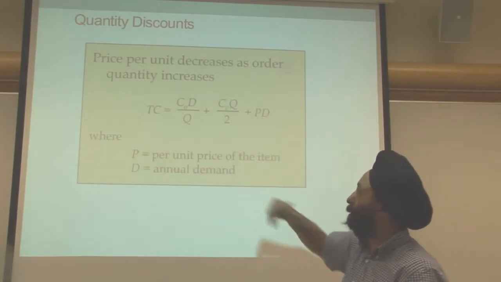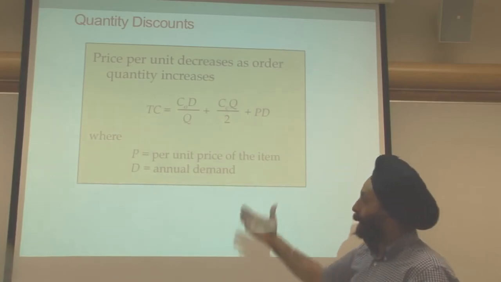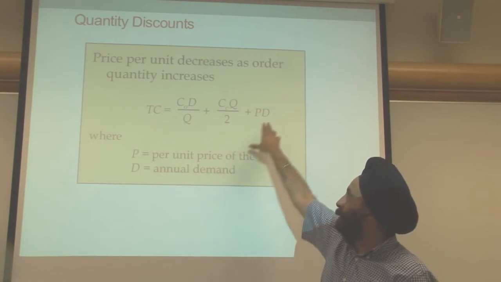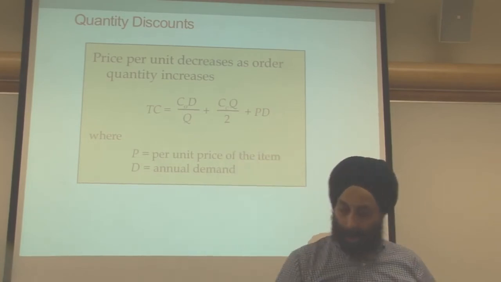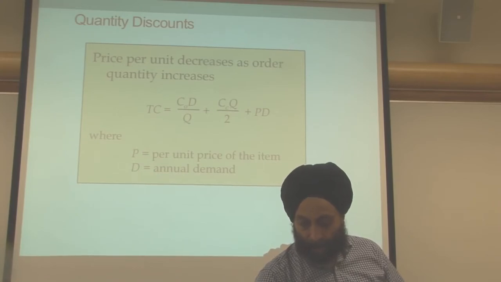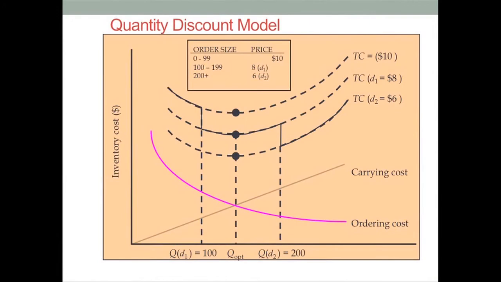That has to be factored in and compared in order to have an effective comparison. In this case, P is the per unit price of the items times the annual demand, so that's the total cost of the products being purchased. In this case, you can see that if you have an order size of anywhere between 0 and 99, you end up paying a $10 price.